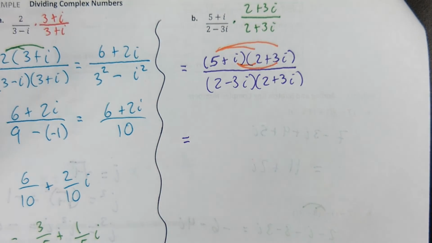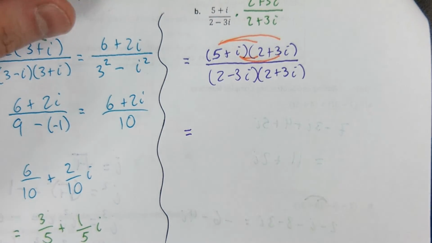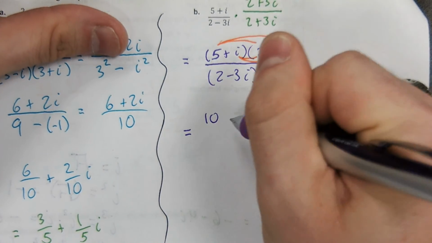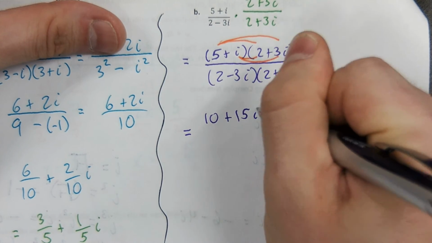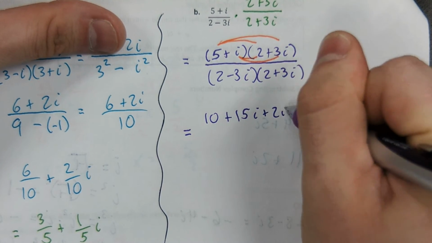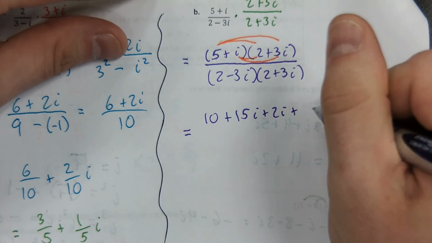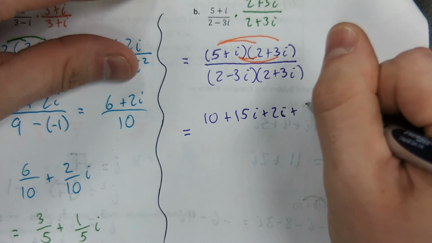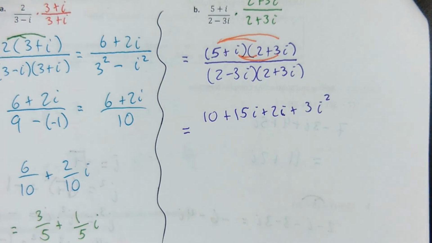Okay. In the numerator, what do we get? 10 plus 15i plus 2i plus 3i squared.